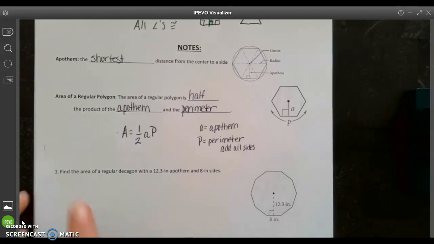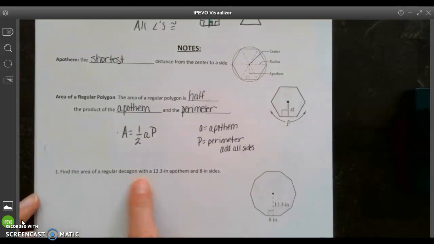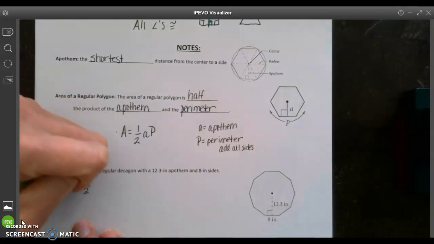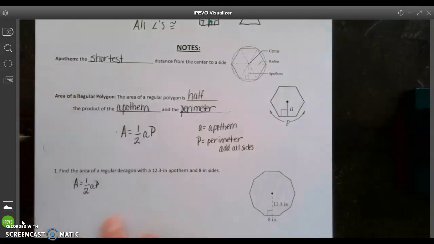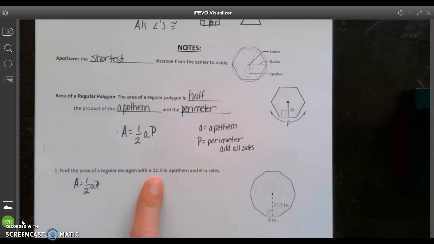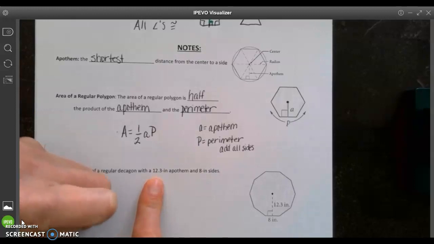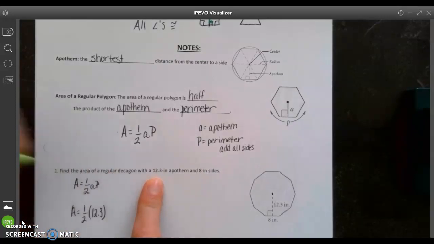So this first problem, find the area of a regular decagon with a 12.3-inch apothem and 8-inch sides. So if I use the formula, area equals 1/2 apothem times perimeter, I know that the apothem is 12.3. So area equals 1/2 times 12.3.